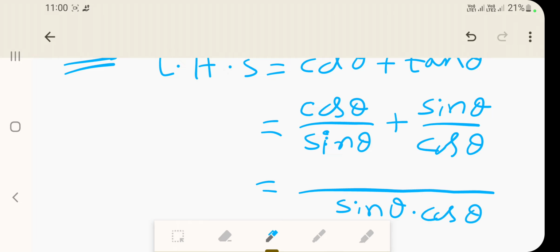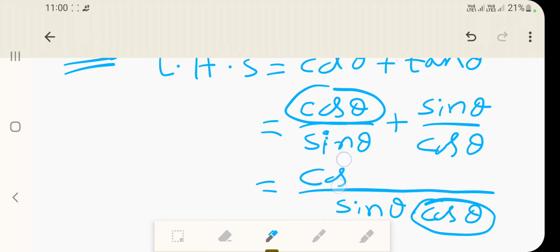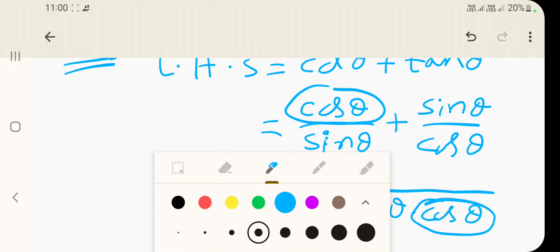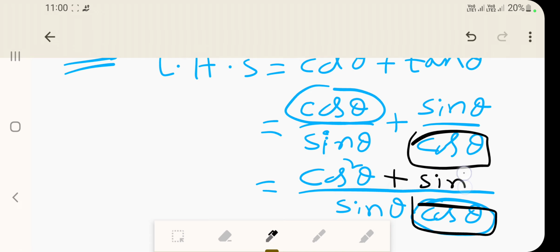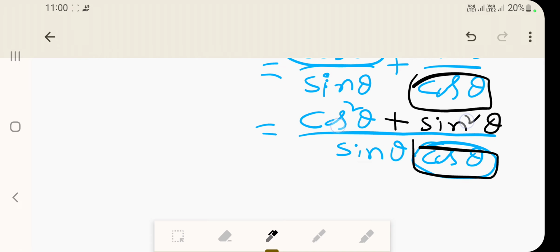When we take the LCM, sin theta cancels, we have cos theta into cos theta, we get cos square theta. Similarly, this cos theta and this cos theta get cancelled, we have sin into sin, it is sin square theta.